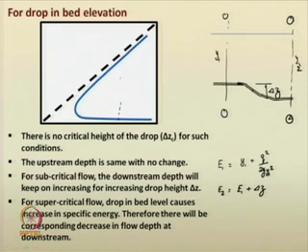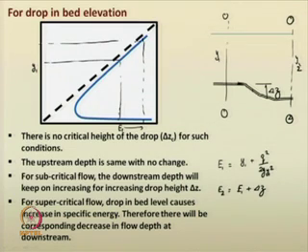So, if this was the E1 condition, see E1 corresponding depth y1, then you have to increase it, you will get the corresponding depth of flow y2. So, for E2, this is the magnitude del z or height of the drop elevation del z.